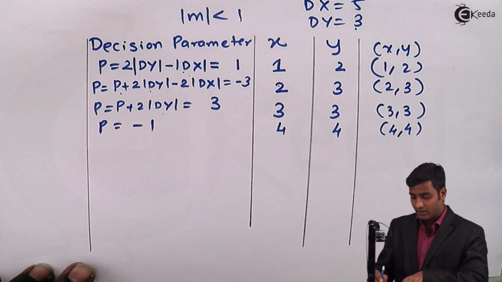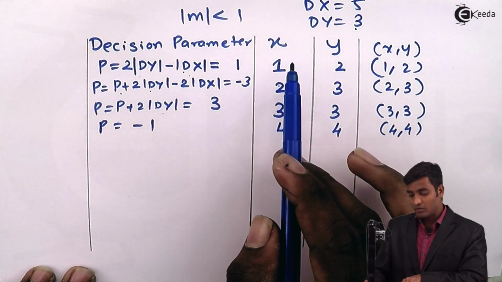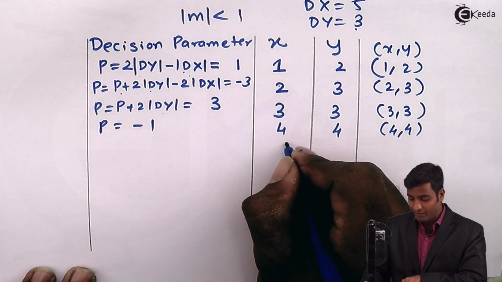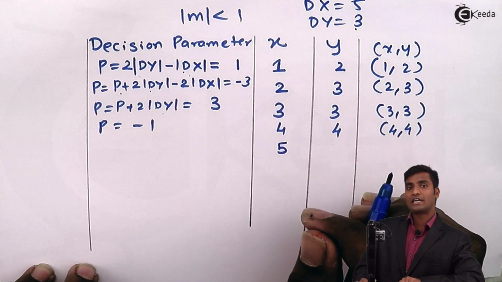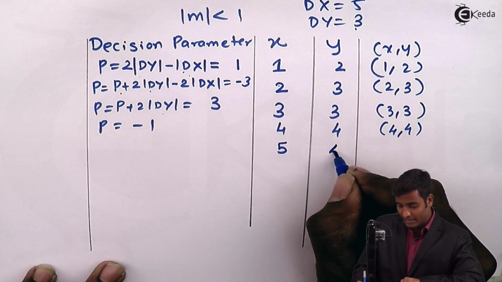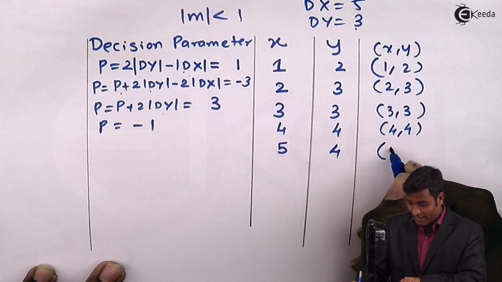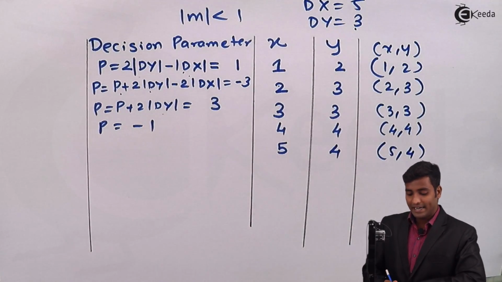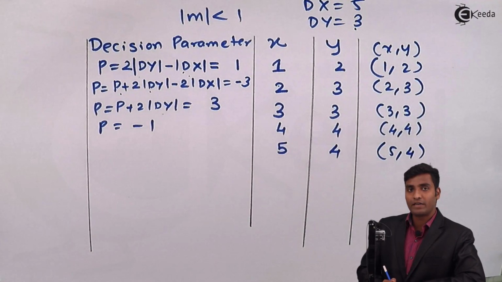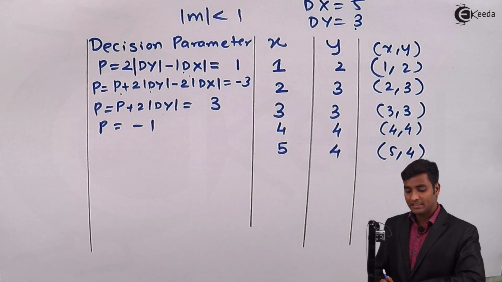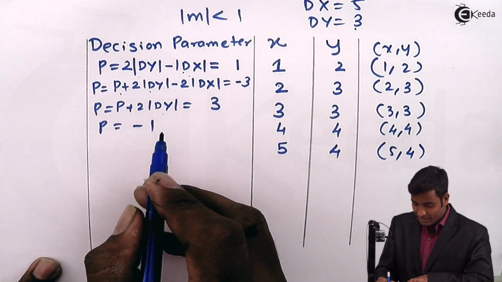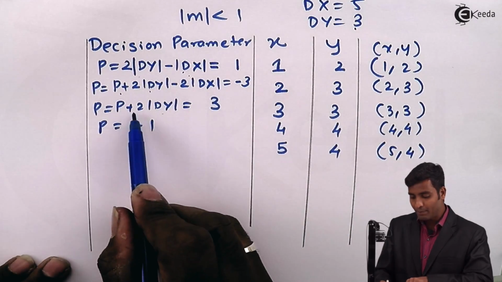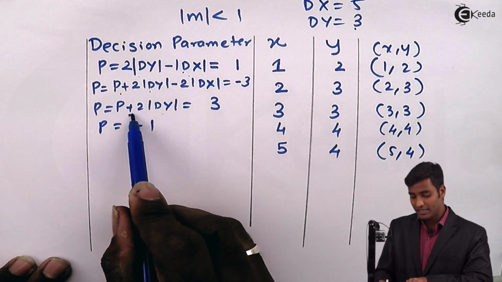In that case, the coordinate of x equals x plus sin x, so it will become 5, and the coordinate of y will remain unchanged, so I will write it as 4, so 5 comma 4. When the descent parameter comes out negative, that is less than 0, the relation I will use is p equal to p plus 2 dy.